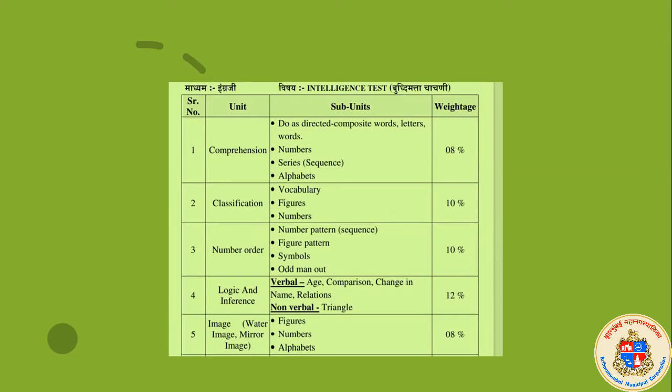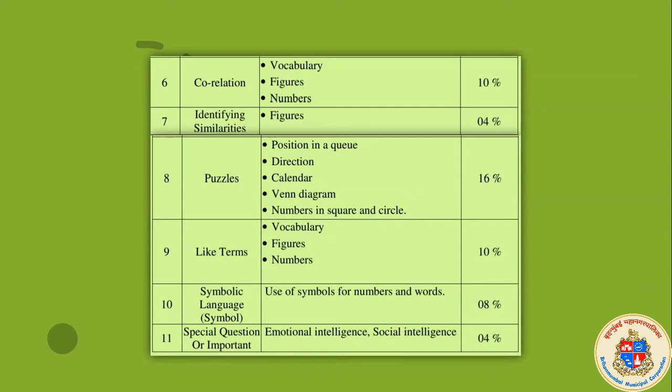As far as the intelligence test is concerned, you may wonder how your intelligence will be tested. There are various units or sections which are directly connected with your capacity or ability. There are things like comprehension, where your comprehending ability will be checked, classification, number orders, logic and inference, and image, water image, mirror image, etc. In such a way, different aspects of our brain domain or intelligence will be tested.